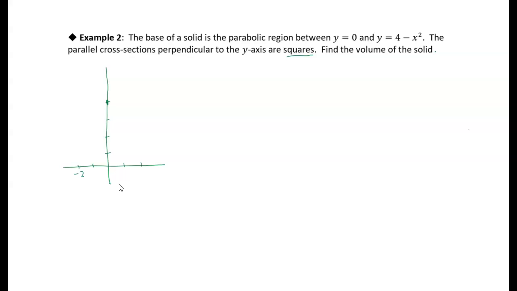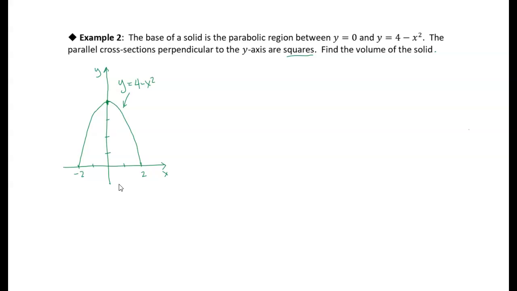So -2 and +2. All right, so here's what our parabola looks like. And this is the base of our solid. Okay, so this is y, this is x. And y is equal to 4 minus x squared. That's the equation that defines our base.